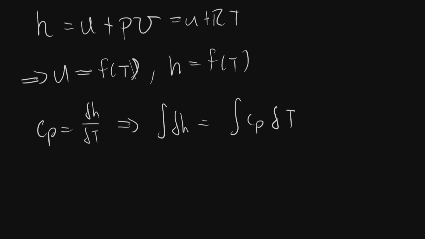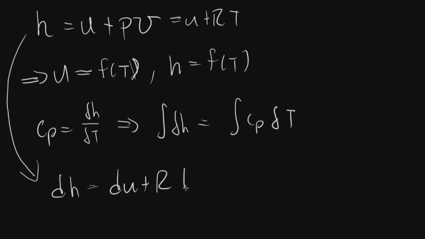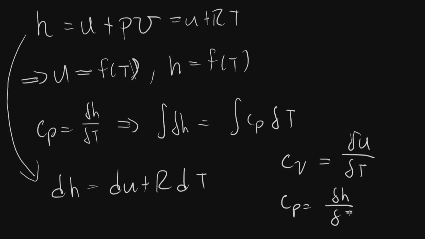Now if we look at this integration in the ideal gas case, we would bring this down right here, and we would have that our dh equals our du plus R dT. These may have to be inexact differentials, but it's really just a notation thing. If we bring in our specific heats, remember that our Cv at constant volume is our change in internal energy over our change in temperature, and our Cp is our change in enthalpy over change in temperature.